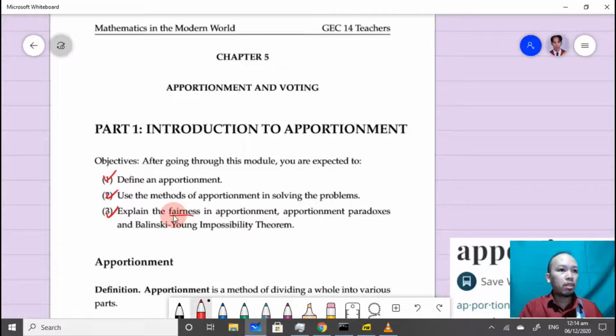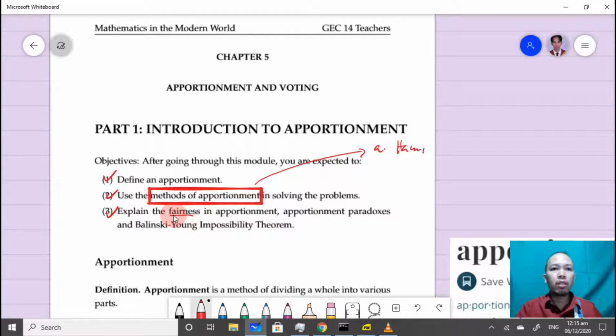The methods that we will be discussing in this lecture will be the Hamilton plan or method, which I know you are familiar with. The second one is the Jefferson plan or method.